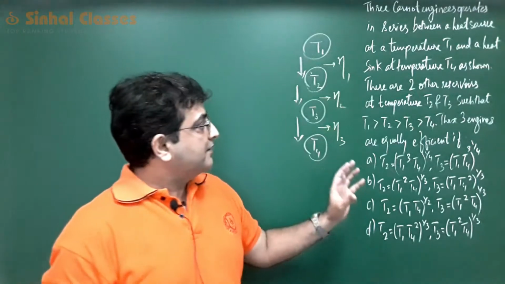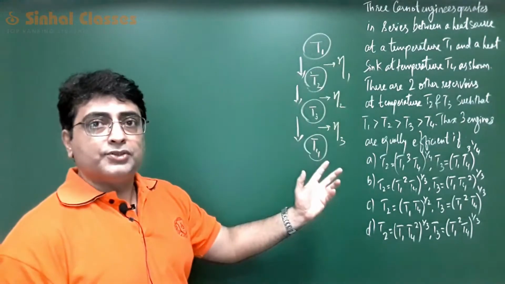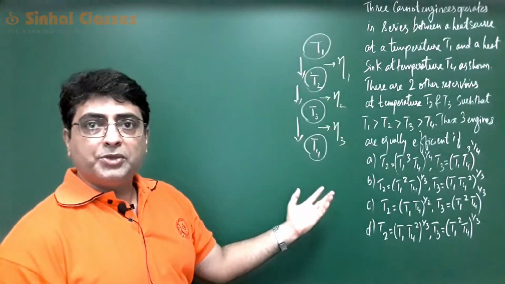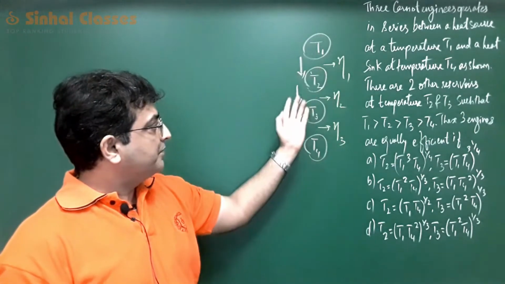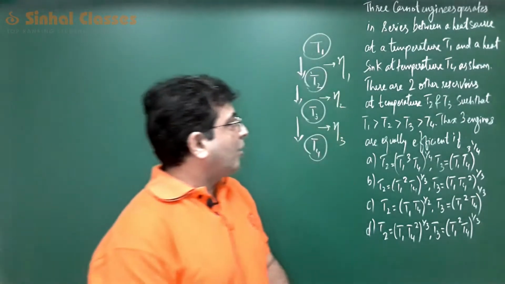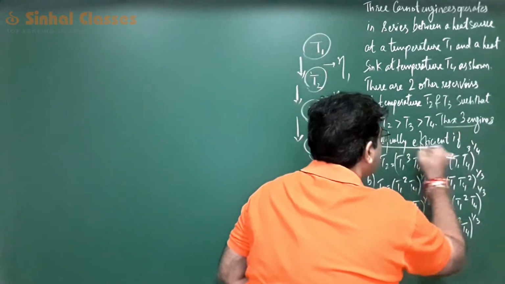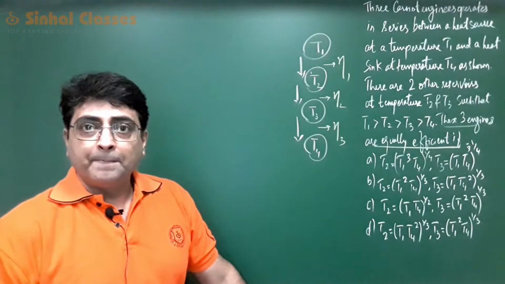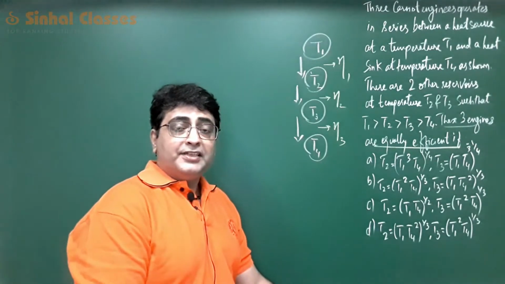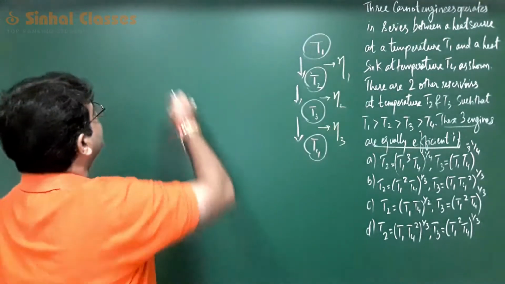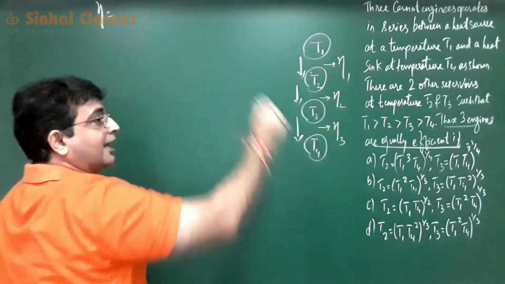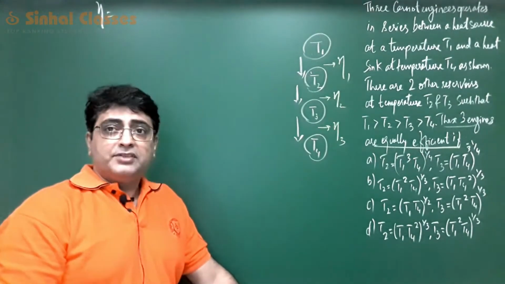Now when the students understand this, yes, it's a system consisting of 3 engines. T1 is a heat source, T4 is a sink we consider. Here the efficiencies eta1, eta2, eta3, all 3 we consider what? That is, all 3 engines are equally efficient, student. That means now if I happen to go for the efficiency, how do you go for the definition of efficiency, students? Efficiency of a heat engine we consider is equal to what?